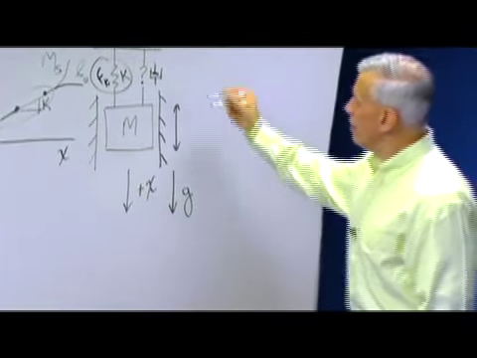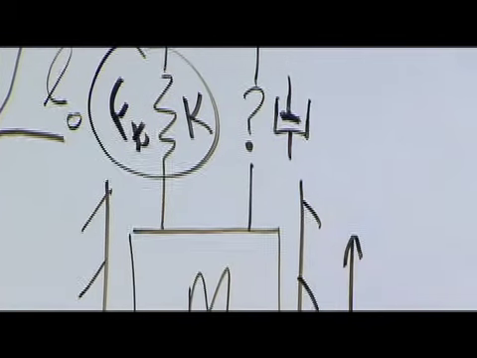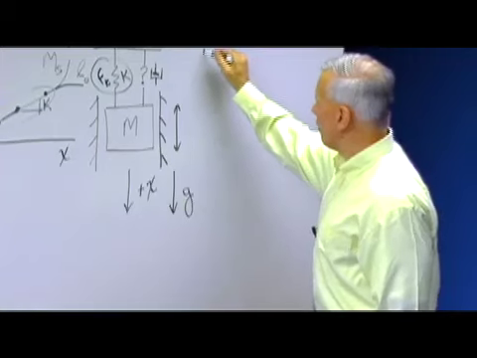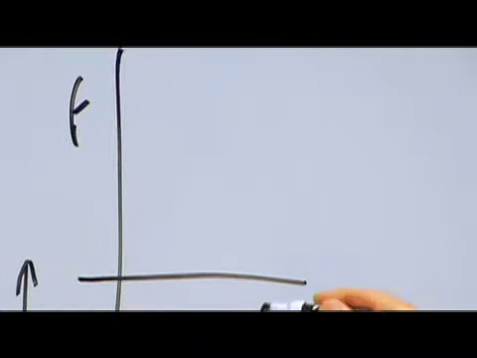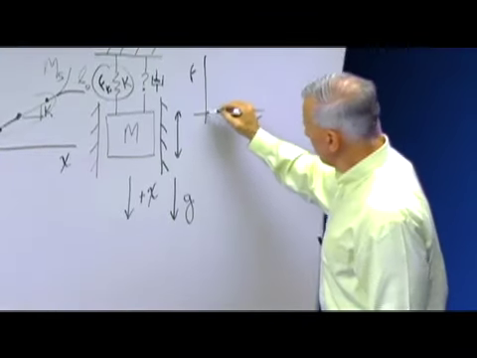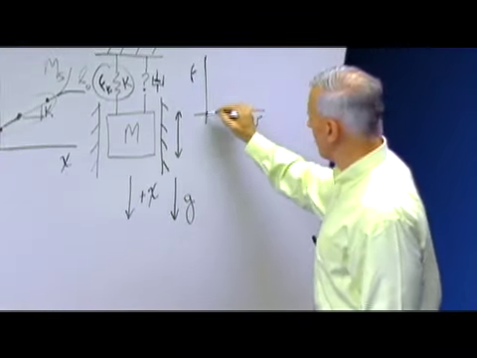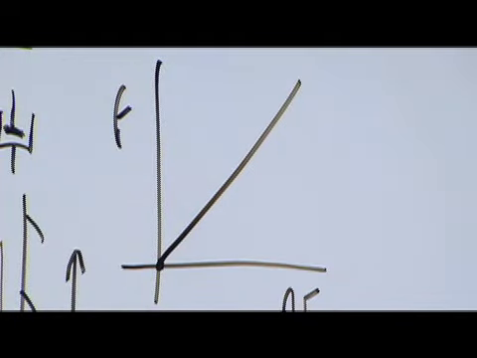Over here, for this viscous damper, again, if I were to draw a graph of force versus velocity, this pure and ideal element would have a slope that looks like that. Now, I don't have anything to test here.